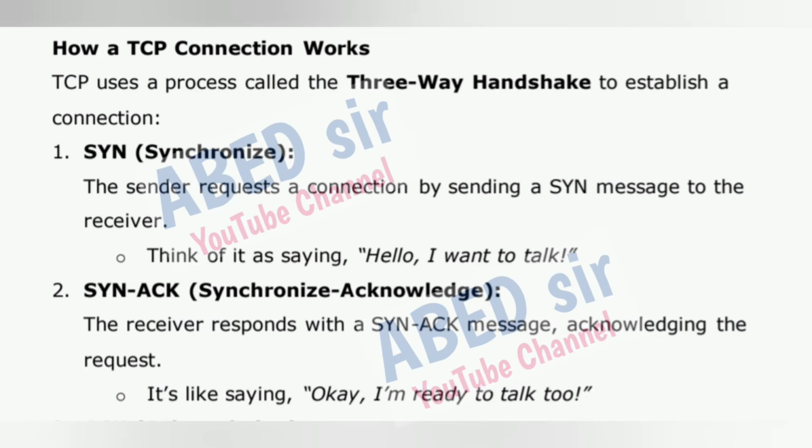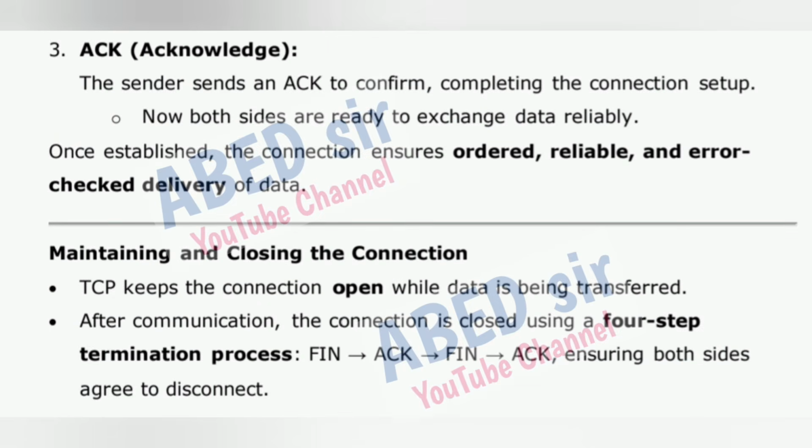SYN-ACK, synchronize acknowledge: the receiver responds with a SYN-ACK message, acknowledging the request. It's like saying, "Okay, I'm ready to talk too." 3. ACK, acknowledge: the sender sends an ACK to confirm, completing the connection setup. Now both sides are ready to exchange data reliably.